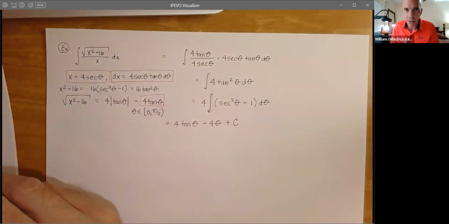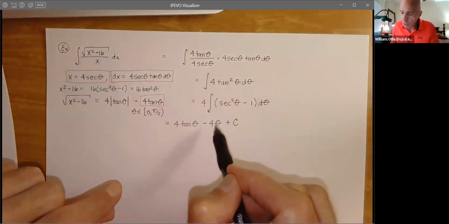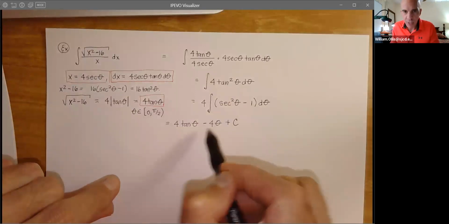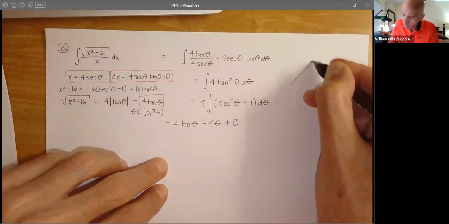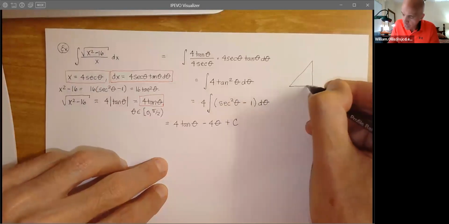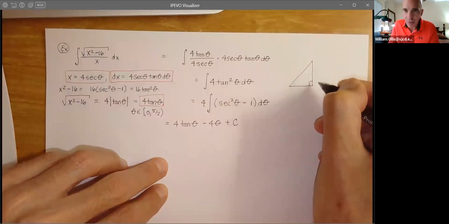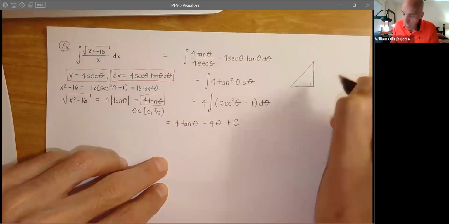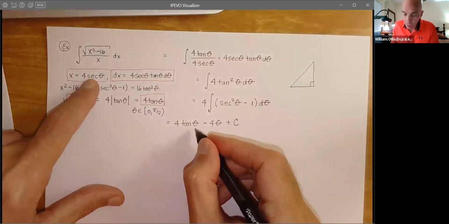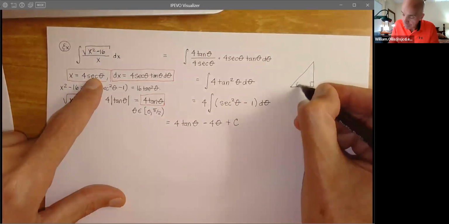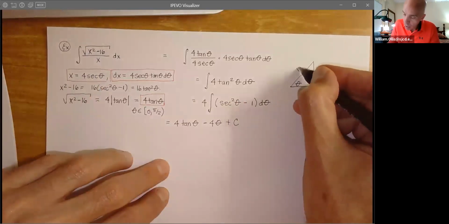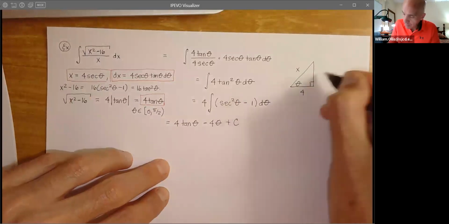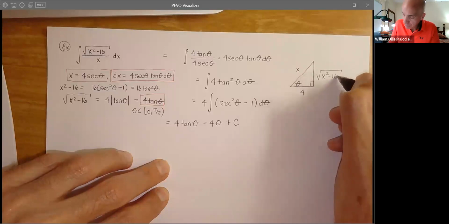It's like integration by parts. And so now you're thinking, well, the variable doesn't really mesh with the beginning. So this is where you can use your triangle if you want. You can use Pythagorean, but I know that takes a little bit more time. So now we can say, well, we've got secant theta is x over 4, so hypotenuse over adjacent. So that gives us an x squared minus 16 here.